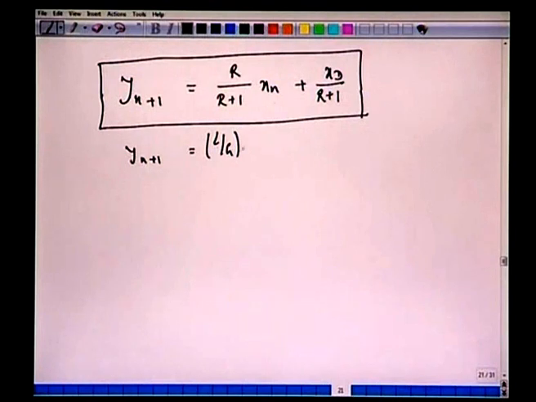If we call it L by G with no suffix, that's more important. In the constant molal overflow method all L's are the same, all G's are the same, so y_{n+1} = (L/G) x_n + (D/G) x_D. Either this or this.